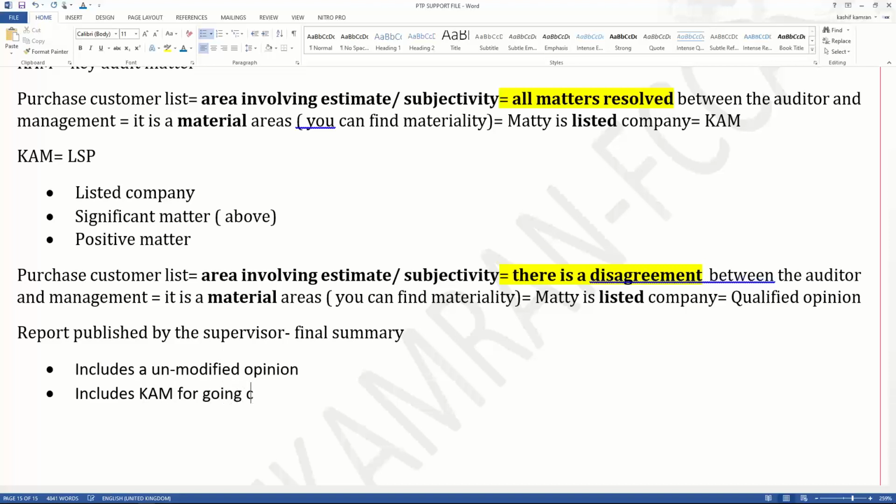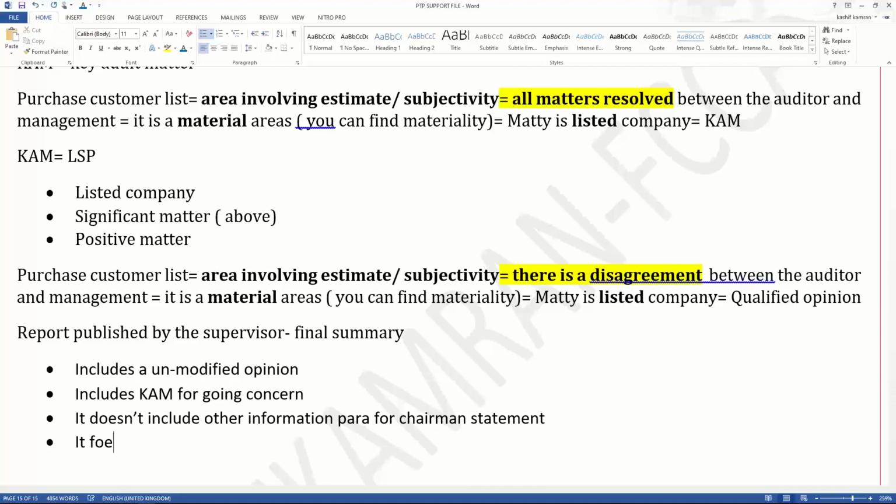Thirdly, it doesn't include an other information paragraph for the chairman statement. And fourthly, it doesn't include a key audit matter for the purchased customer list.